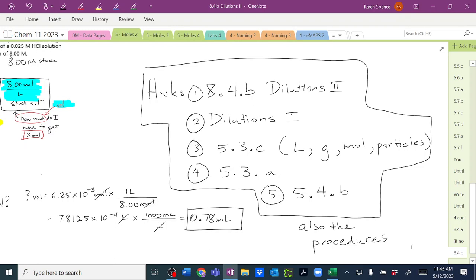Oh, no, not 5.4B, 5.4C. Oh, so sorry. Write down 5.4C. That's the molar mass. That's the part that's on the quiz on Monday.